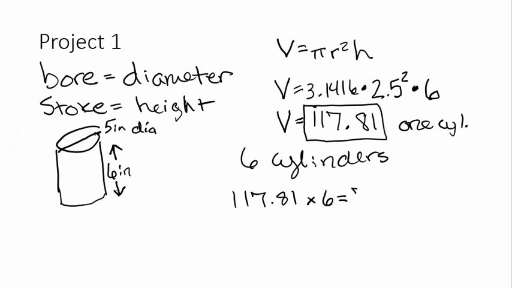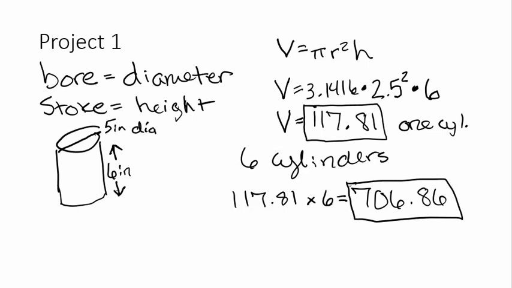So this engine is going to displace 706.86 cubic inches of air total. And that brings us to the end of project 1.